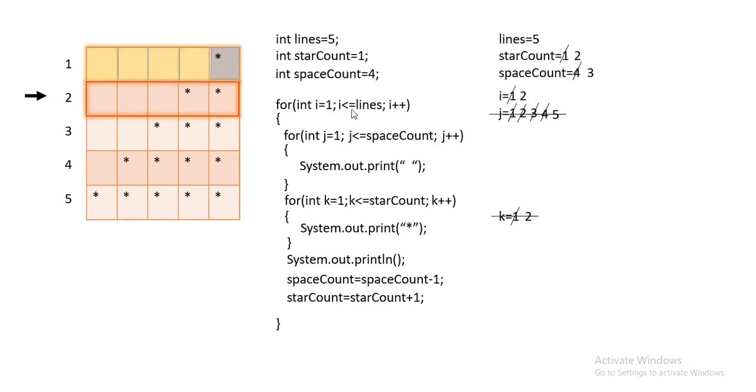Then 2 less than equal to 5, condition true, so enter into this for loop. Now for int j equal to 1, j less than equal to space count, 1 less than equal to 3, condition true, so print space. Then go back to j++, j becomes 2, 2 less than equal to 3, so print space.